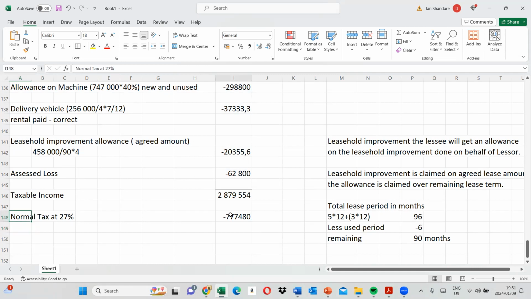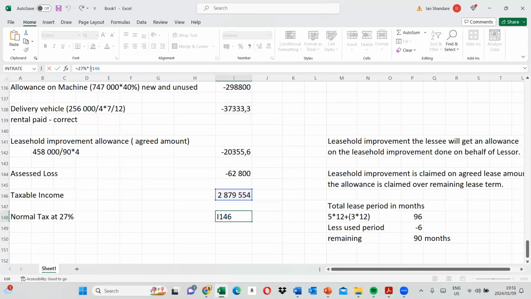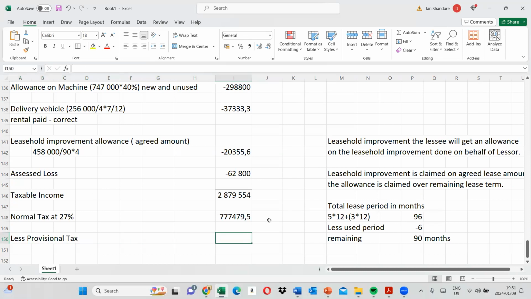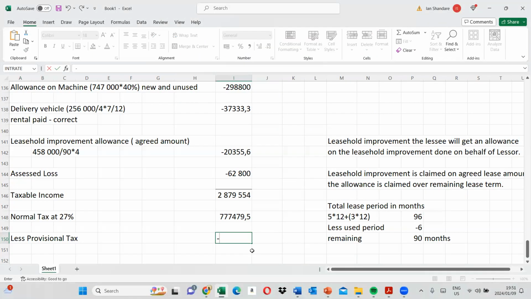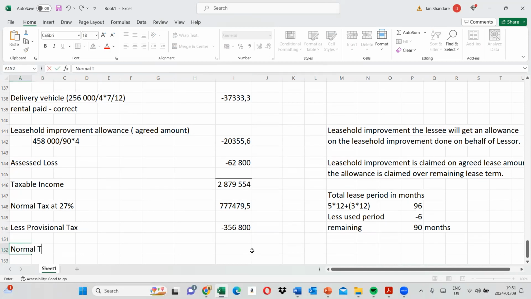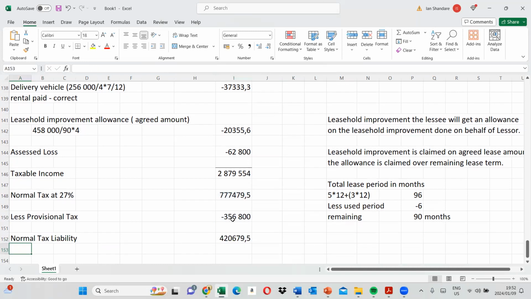Oh, sorry, mistake. It's not negative, it's positive. All right, and then less provisional tax. So the provisional tax is 3,568,800. All right, so then we have now tax liability like this. All right, so this is what was expected of us on the exam.